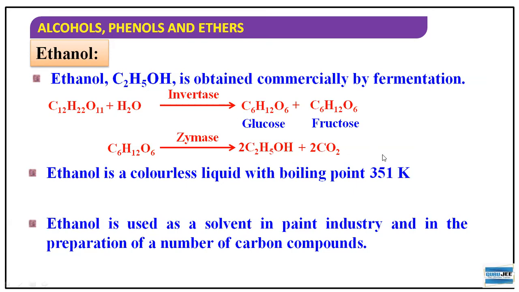Ethanol is a colorless liquid, boiling point is only 351 Kelvin. And again, it is a very good solvent. A number of carbon compounds are made from ethanol. You already have an idea about where all the properties of ethanol come up, isn't it?